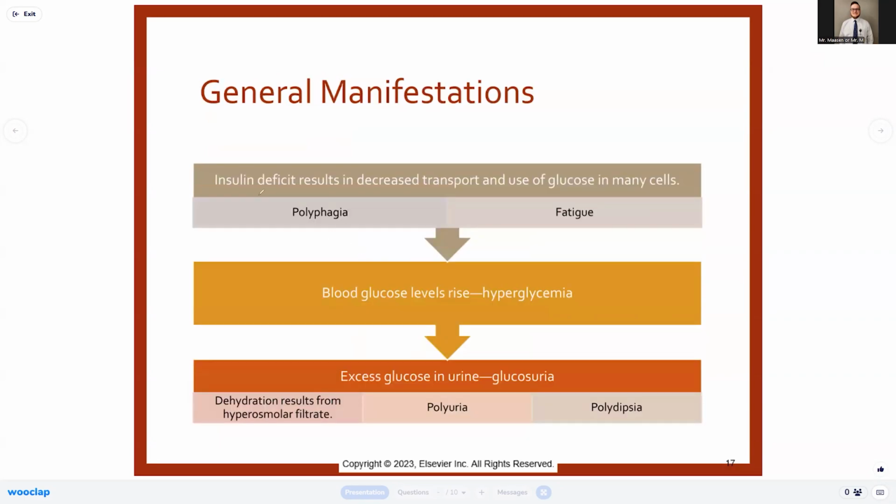And so the general manifestations, we really talk about the 3 Ps of diabetes. Someone with diabetes is going to suffer from polyphagia, which is increased hunger, mainly because of insulin deficiency or inability for the reception. Insulin resistance means there's decreased transport of glucose into cells, which we utilize for energy, which means the body tries to metabolize other things for energy, like fats and proteins.